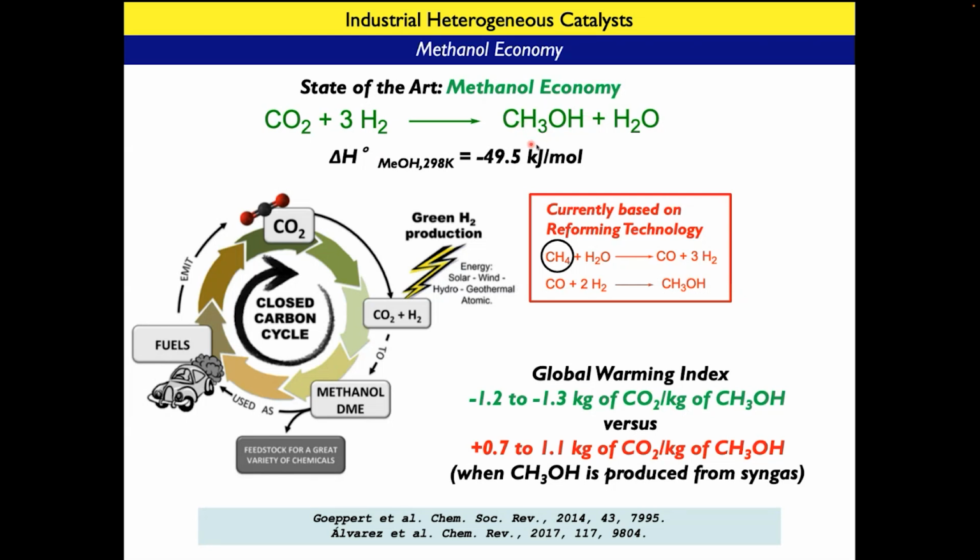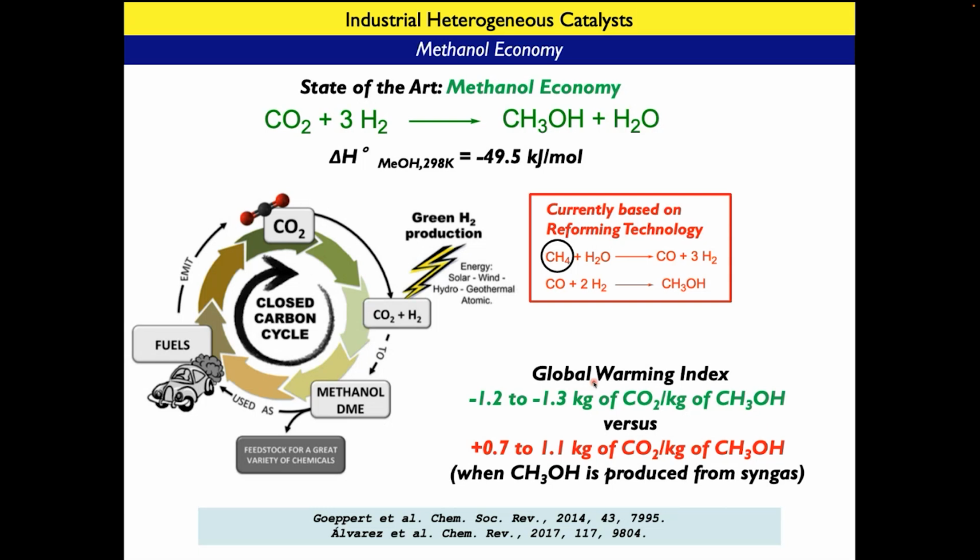And indeed, if you could do CO2 hydrogenation with green H2 coming from alternative energy, you could generate a process where you produce methanol with a negative value on global warming, by removing 1 kilo of CO2 per kilogram of methanol produced. And methanol, as we know, is a very large-scale commodity chemical as well as a potential fuel additive.